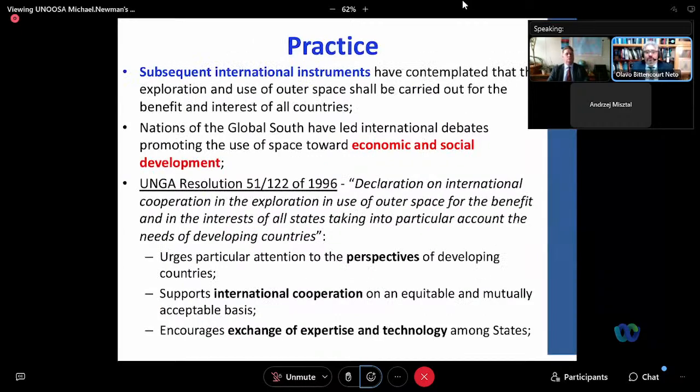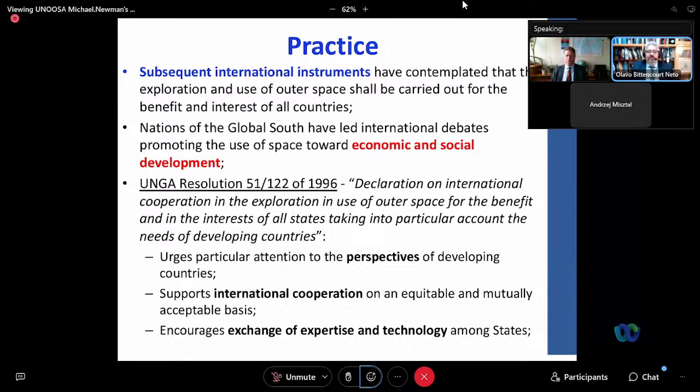Now, please, let's consider the practice in relation to the application of Article 1, Paragraph 1 of the Outer Space Treaty. Here some remarks are certainly in order. First of all, the principle in question has not remained restricted to the Outer Space Treaty itself.